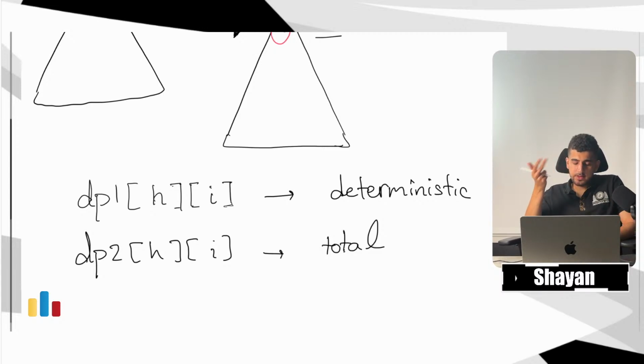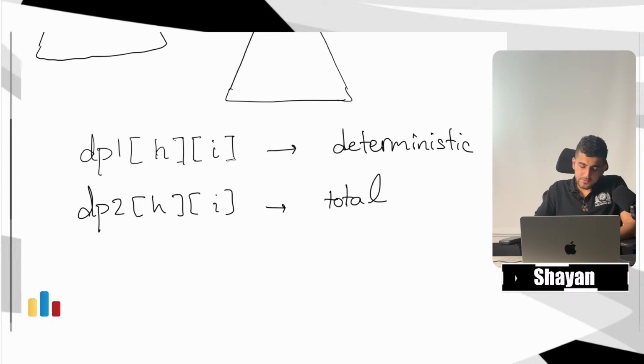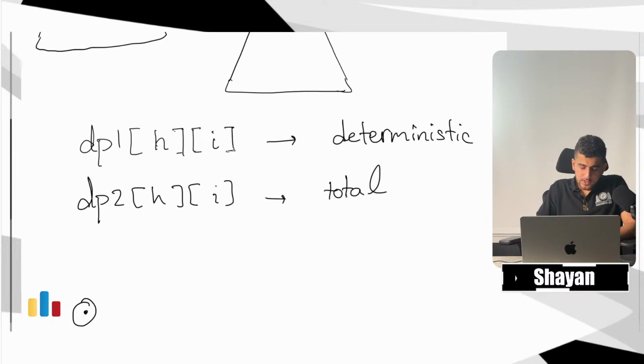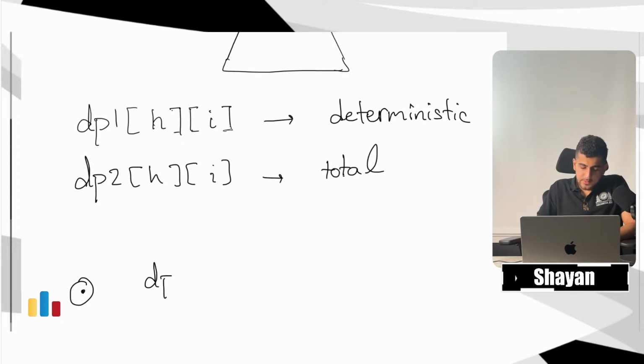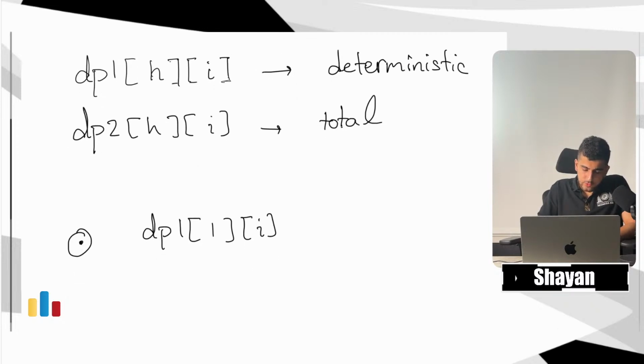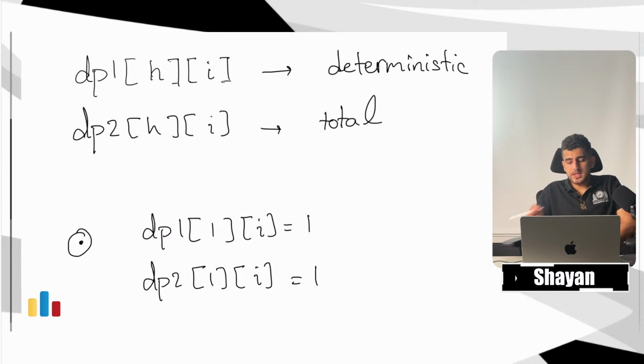How can we calculate this dp? Well, for the leaves, you're going to have dp1 of 1 and any i, and dp2 of 1 and any i. For the leaves, both of these values are 1, because we just do i operations on a leaf.